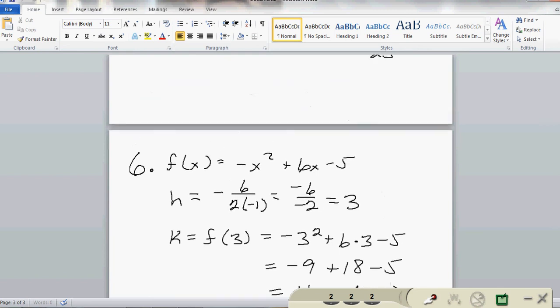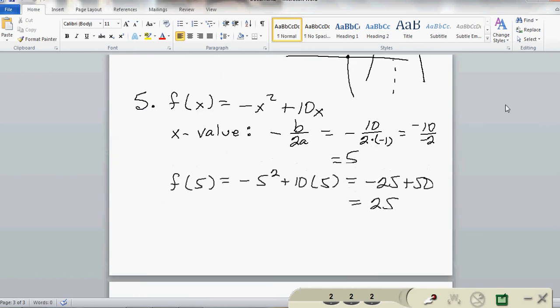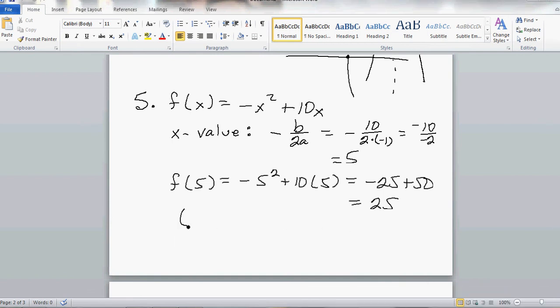So now, working my way back up here to example number 5, I know that x value, or the h, is equal to 5. So the vertex would be 5, 25, and then the axis of symmetry would be x equals 5.